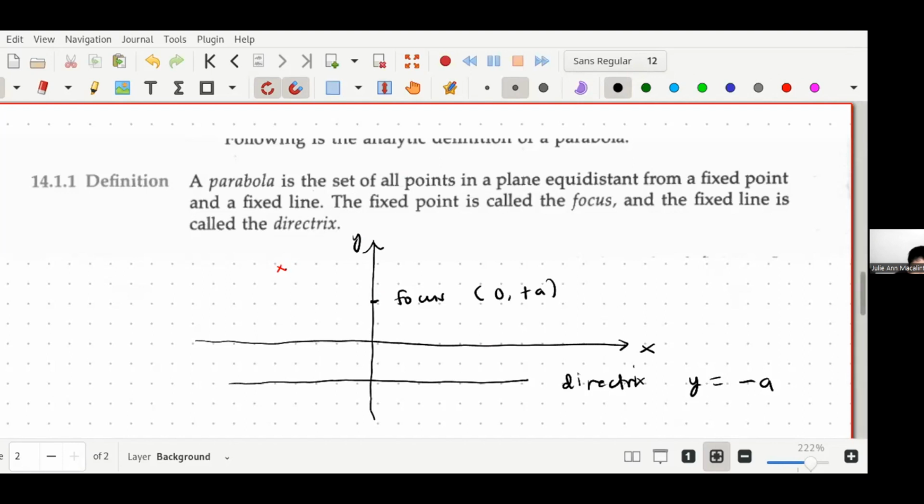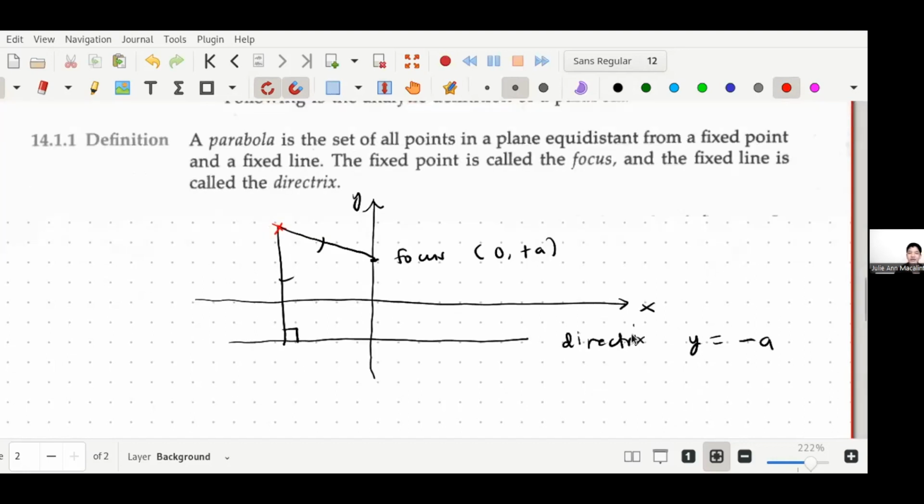So the distance from here to the focus is supposed to be equal to the perpendicular distance from the directrix to that point. So you can express that in terms of an equation. What is that equation? And then if the point is a general xy, get the equation using that law.